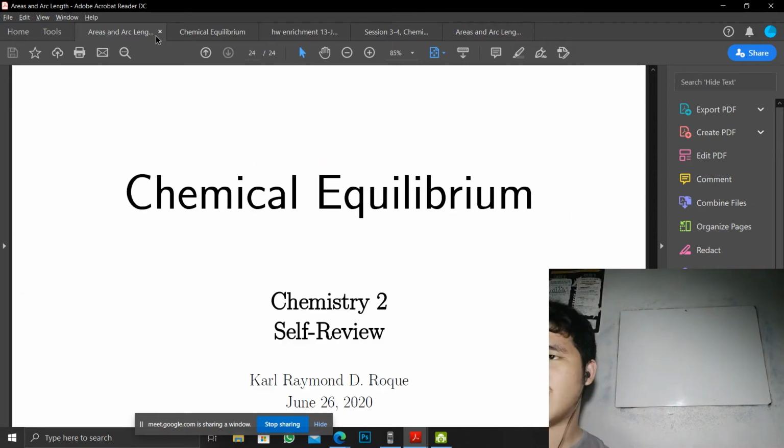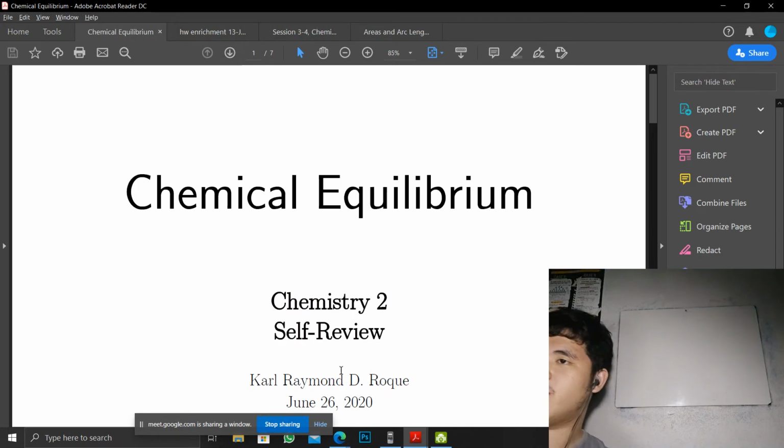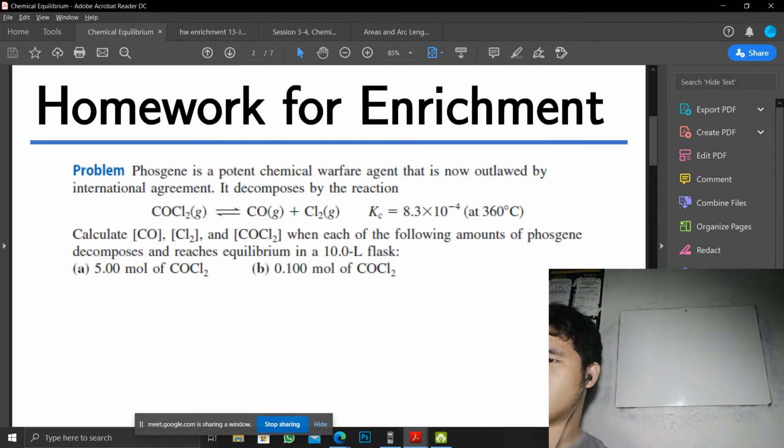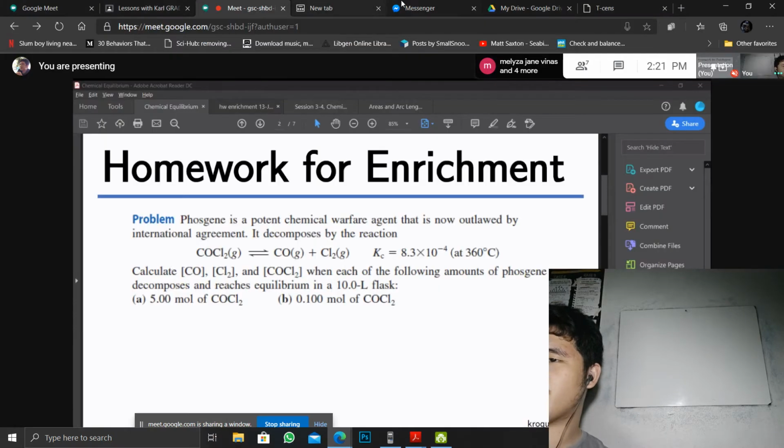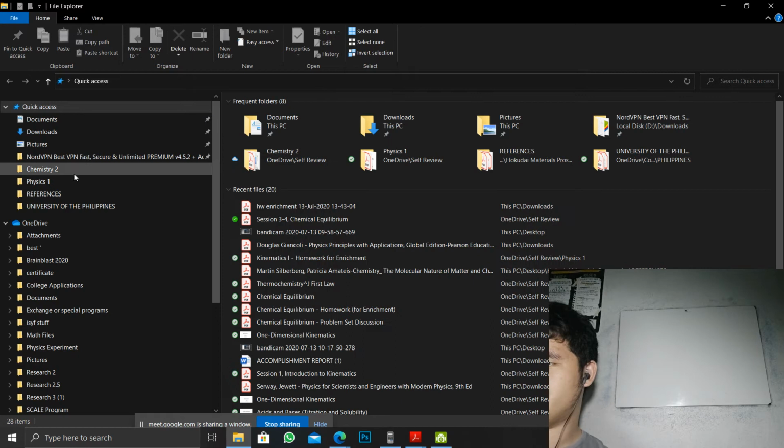Meron akong pina-homework sa inyo, pero it's okay. Yung nasagutan natin as a sort of review, ibibigay ko na rin tong problem set recap para maalala niyo yung mga formula natin. Wait lang. So, eto, start muna tayo sa homework for enrichment natin. Teka lang ha, bigay ko lang sa inyo to.